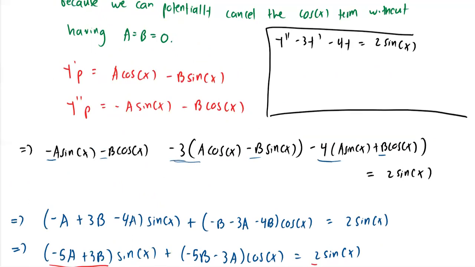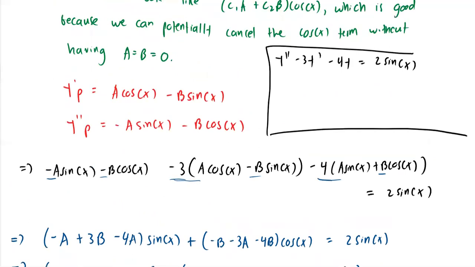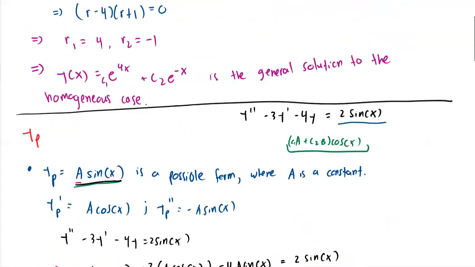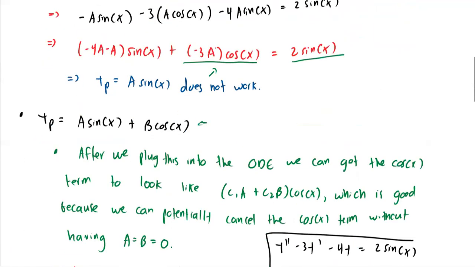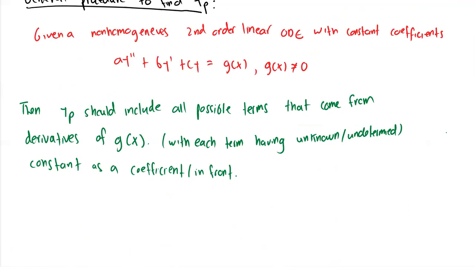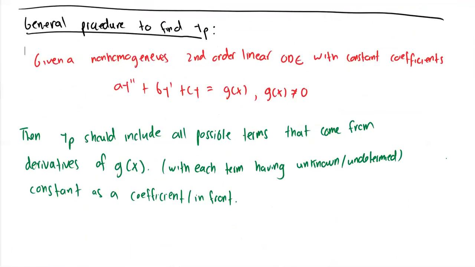We would have gotten the same form of the particular solution if we simply looked at the right-hand side and included in our particular solution all possible terms, with constants in front, as I mentioned, that arise or come from the derivatives. And that's the general procedure. So now you know how to find a particular solution.